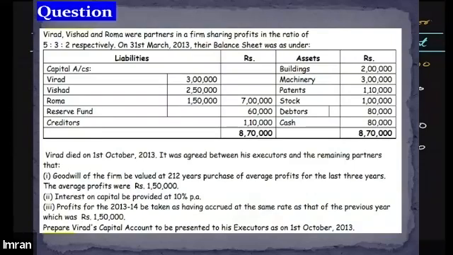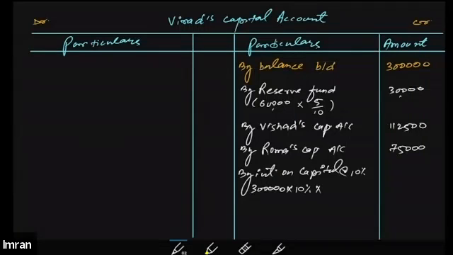April, May, June, July, August, September. So we will give him interest on capital starting from 1st April till 30th of September. Is that right? So for 6 month period, interest will only be calculated 6 by 12.